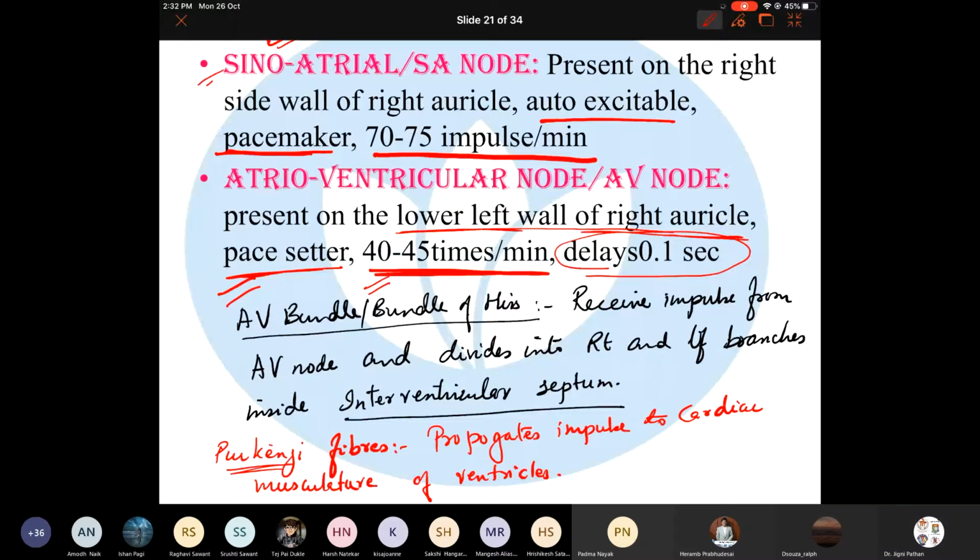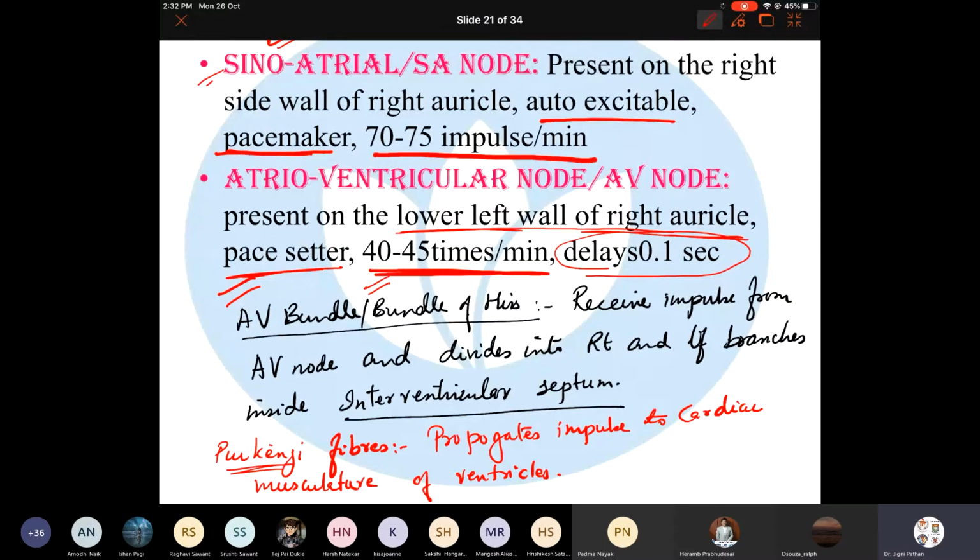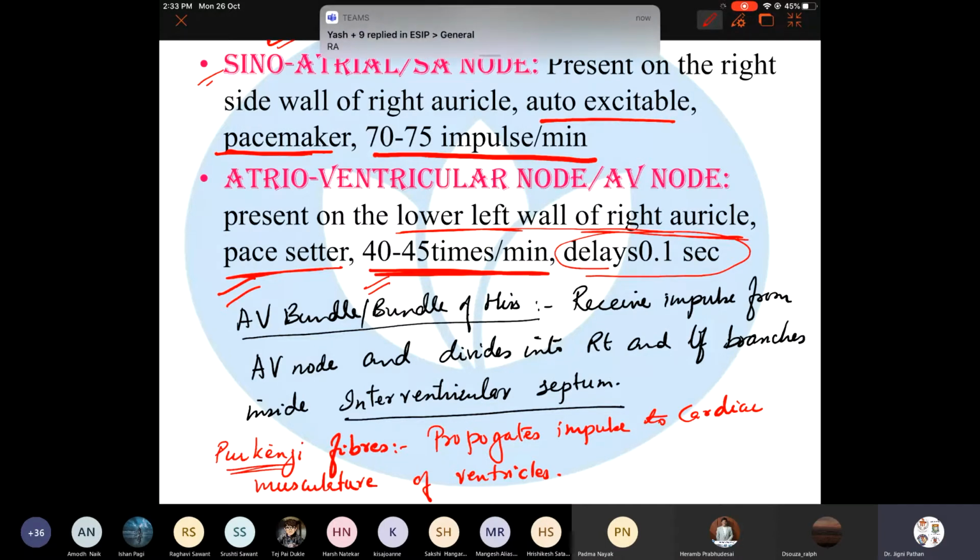Okay, next. Now you know where is the auricle, where is the SA node, what the SA node does, what the AV node does. Now tell me first, will the right auricle contract, or the left auricle, or the ventricles? Who can tell me the way the heart contracts, with a delay of just 0.1 second? First is the right auricle. Then tell me, get me a sequence.